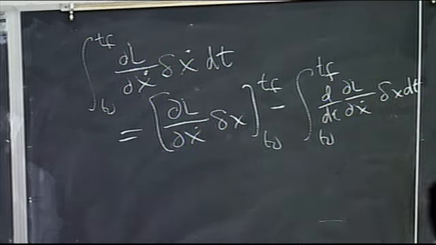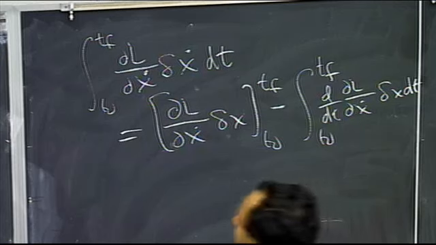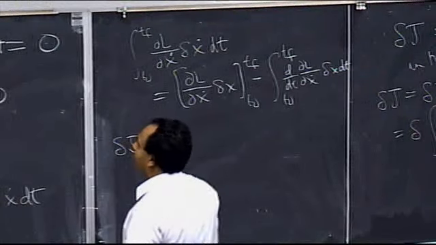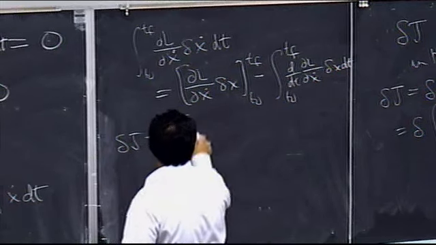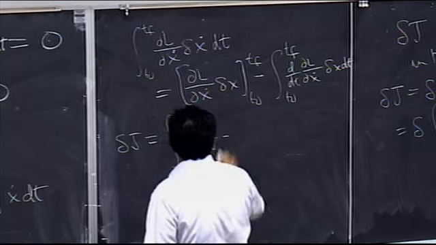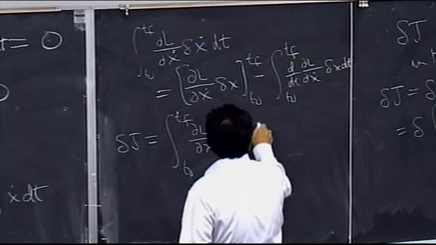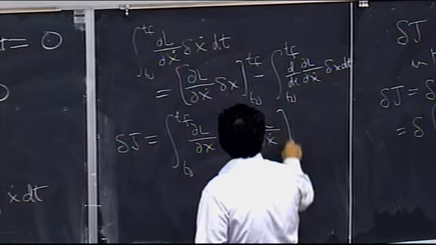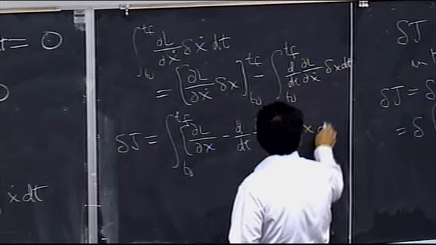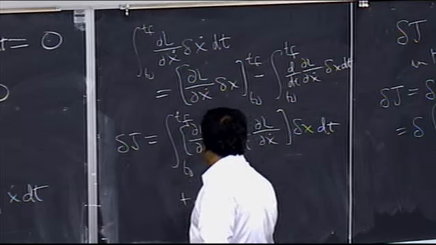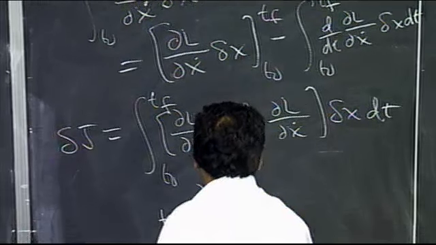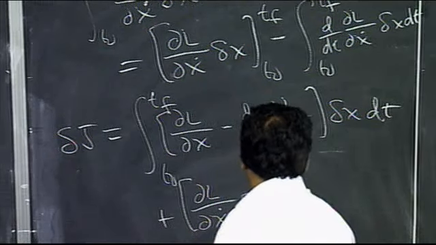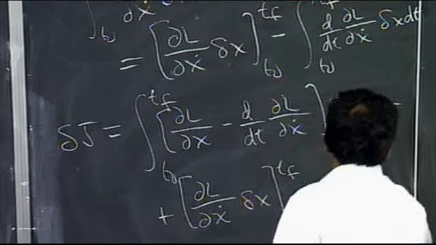That's uv minus the integral of v du. So when I plug this in over there, the variation in J is going to equal the integral from t0 to tf of the partial of L with respect to x, minus d dt of the partial of L with respect to x dot, the whole thing times the variation in x dt, plus the partial of L with respect to x dot times the variation in x, evaluated between t0 and tf, and that has to equal 0.